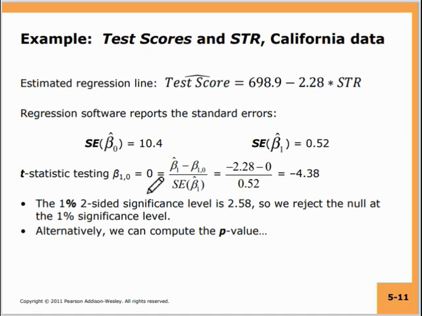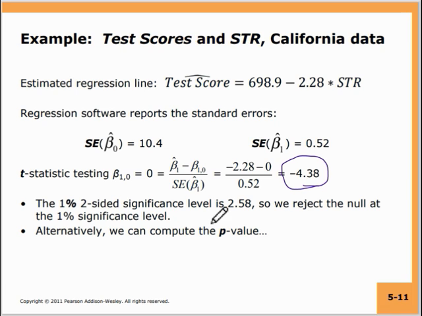So the t-statistic, when you are testing the null hypothesis that beta 1 is equal to 0, that is, there is no correlation between test score and STR, is your estimated beta 1 hat, minus 2.28, minus 0, divided by the standard error of beta 1 hat, which is 0.52, and you get a t-statistic of minus 4.38. Now, because the magnitude of minus 4.38 is greater than 1.96, you can definitely reject the null hypothesis at the 95% confidence level.